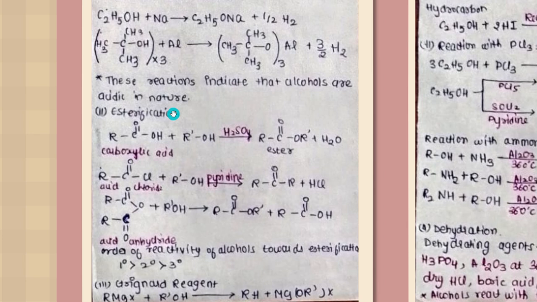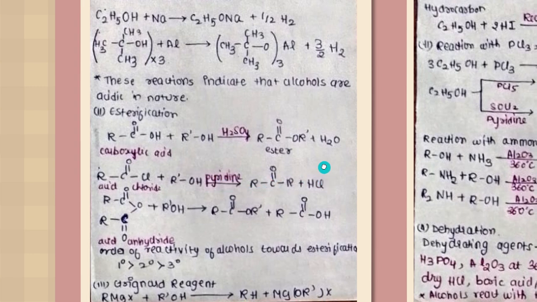Coming to acylation, carboxylic acid plus R-OH in presence of H2SO4 gives us ester plus H2O. Again, acid chloride, that is RCOCl, on reaction with alcohol R-OH in presence of pyridine will give me RCOOR, that is an ester, plus HCl.